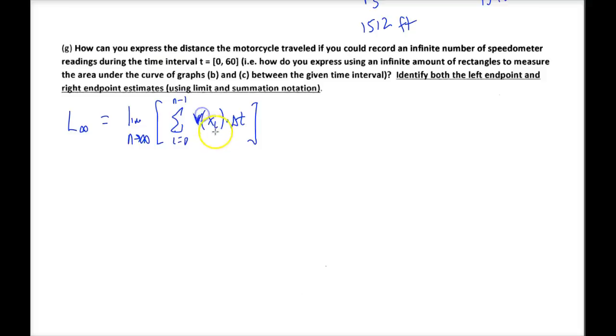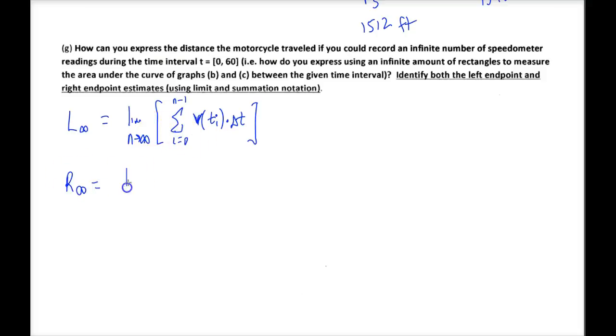So that'll be v of t sub i, and then delta t. So that would be how the left endpoint estimate would be.